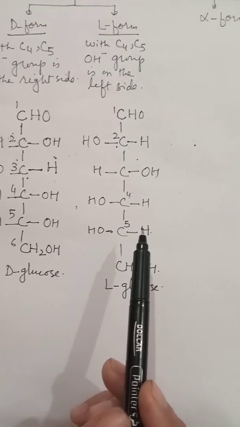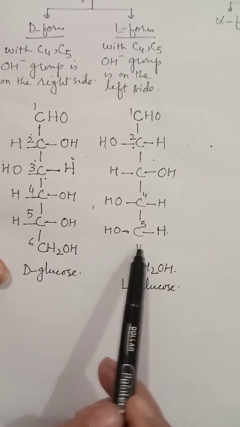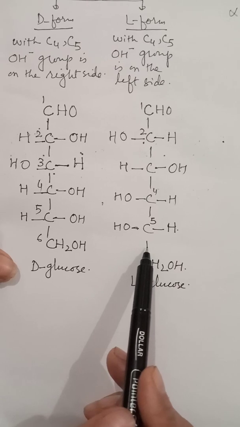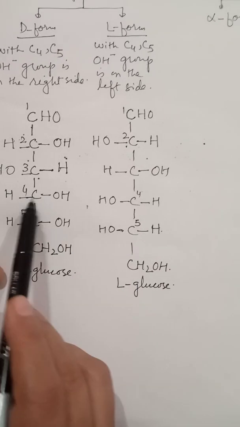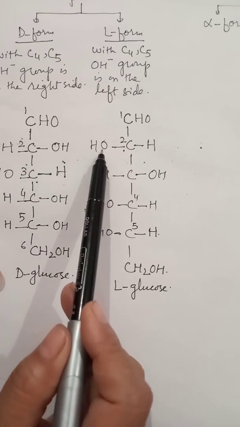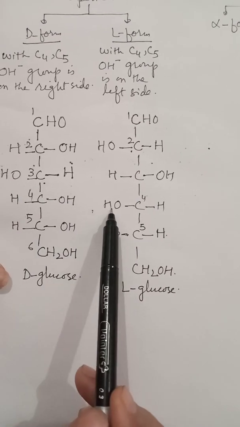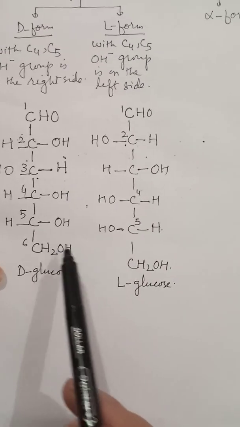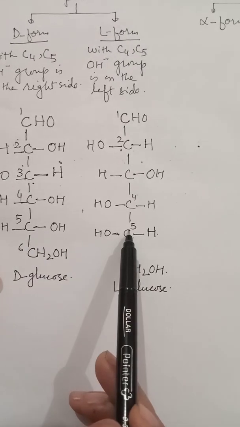Another thing you have to keep in mind is that these two are called enantiomers. Enantiomers are a type of stereoisomers which are mirror images of each other. You can see the hydroxyl group here and the hydroxyl group there are mirror images of each other, and likewise the hydrogens, but they are non-superimposable mirror images.